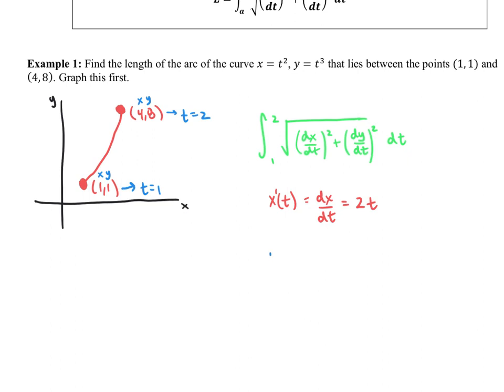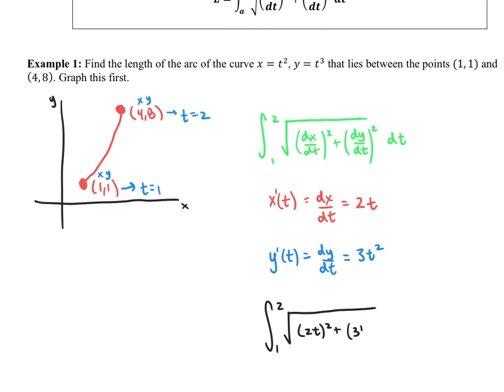And then y prime, the same thing as dy/dt, is going to be 3t squared. Okay, here is our integral: the integral from 1 to 2 of the square root of (2t) squared plus (3t squared) squared, dt.